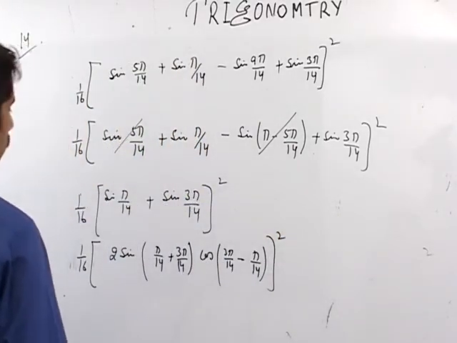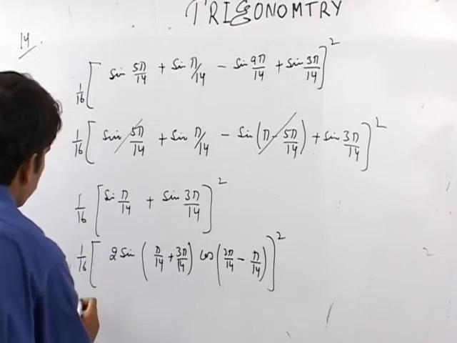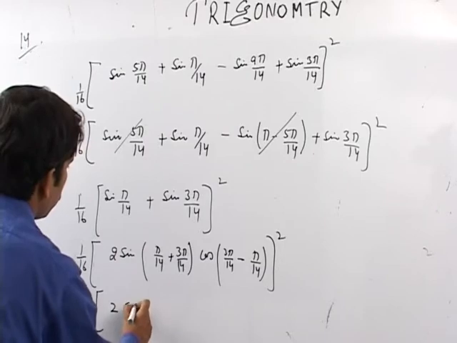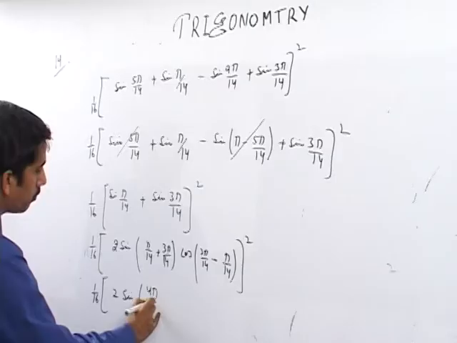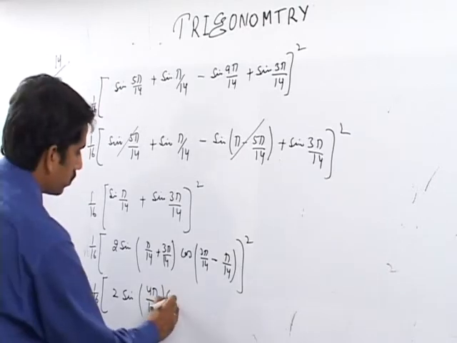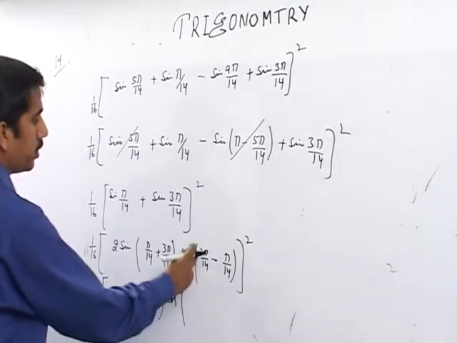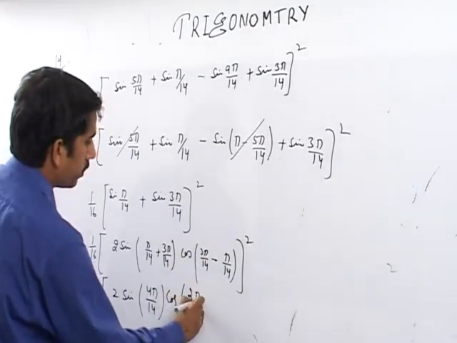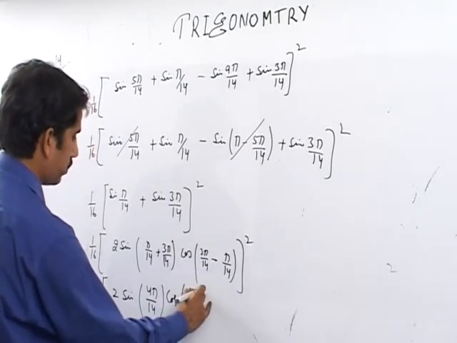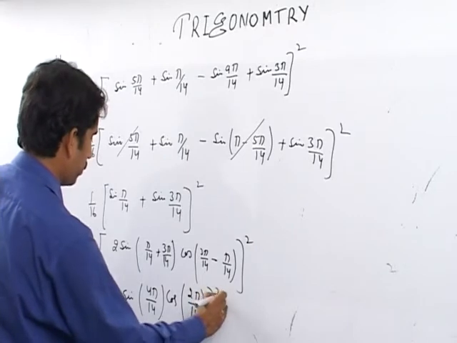Now this will be equal to 1 by 16 into 2 sin of 4 pi by 14 into cos of 2 pi by 14, the whole square.